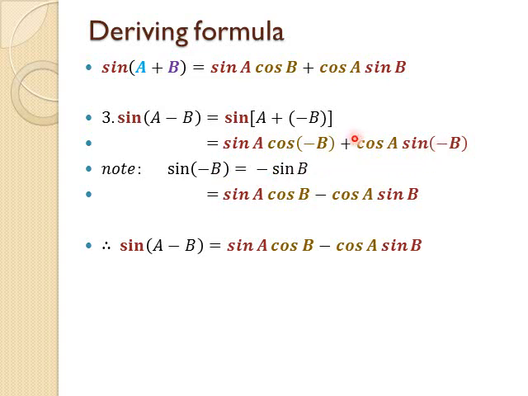So that positive cos A times the negative makes this negative. Therefore we have the formula sin A cos B minus cos A sin B. So sin(A - B) equals sin A cos B minus cos A sin B.